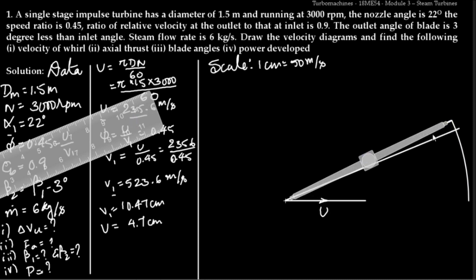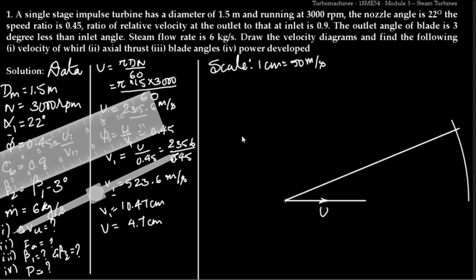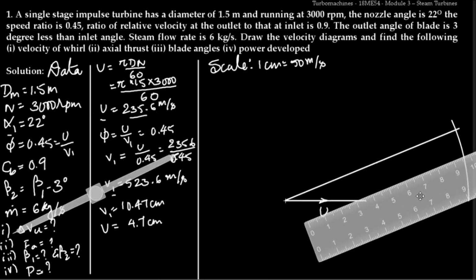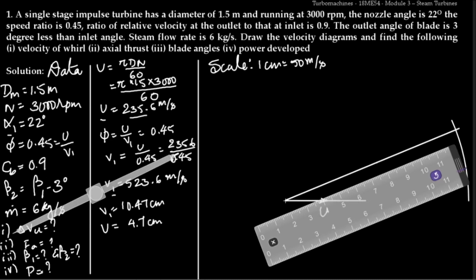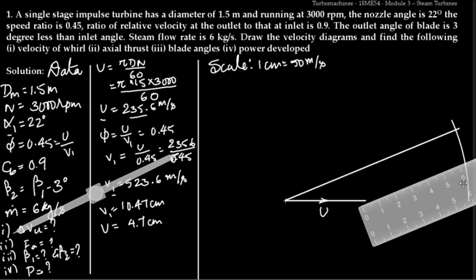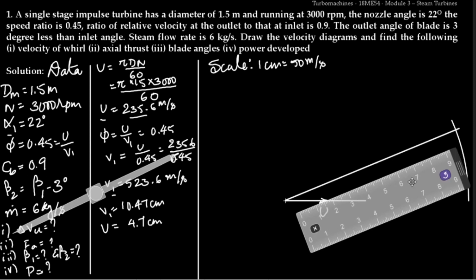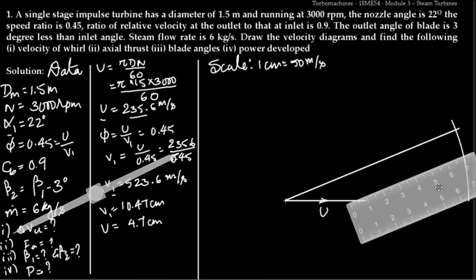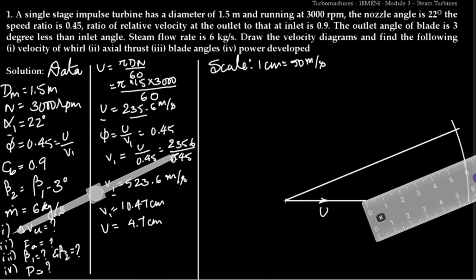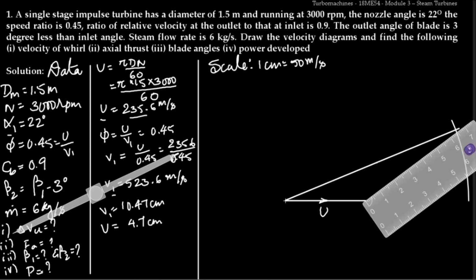So where that arc cuts the 22 degree line, from there I'll draw one more line. So I'll bring back my scale. I'll keep the end of the scale on this point, the other end of U, and I'll align this. Now I'll draw a line here.